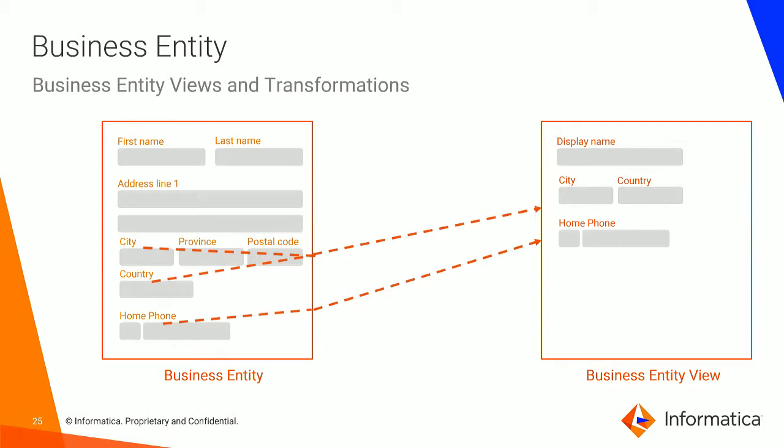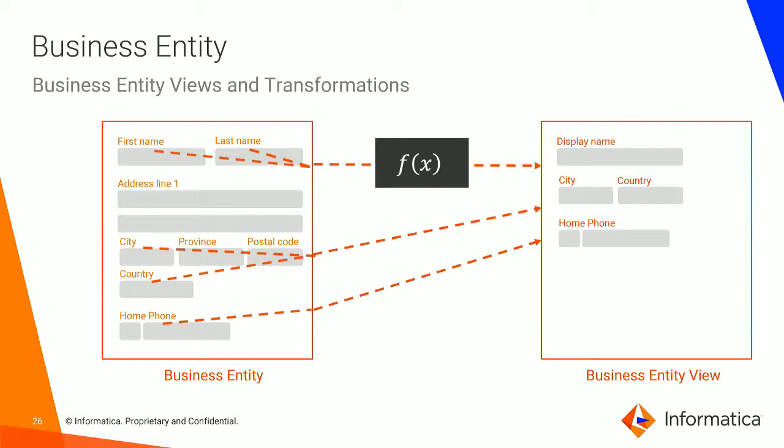So on this slide, we have on the left-hand side the business entity model, and on the right-hand side, we have the business entity view. From the model, I've already defined a transformation that takes fields from my model and puts them inside of the view. If I were to take this one step further, I could also take these two fields up here, define a transformation or some sort of function that combines them and makes them into a display field.